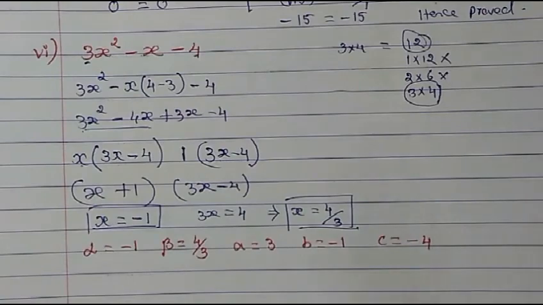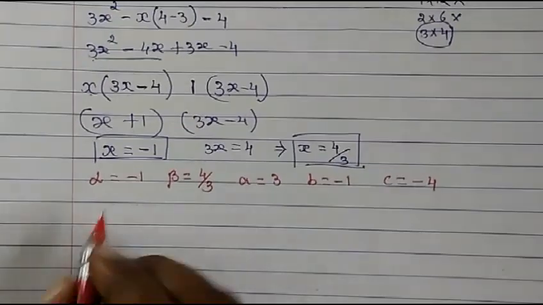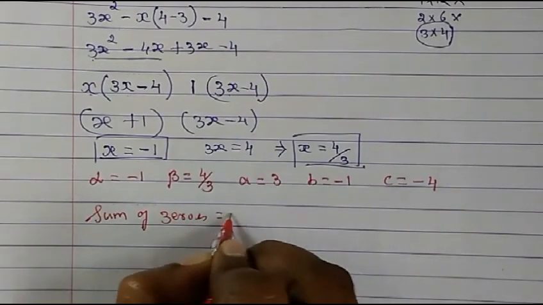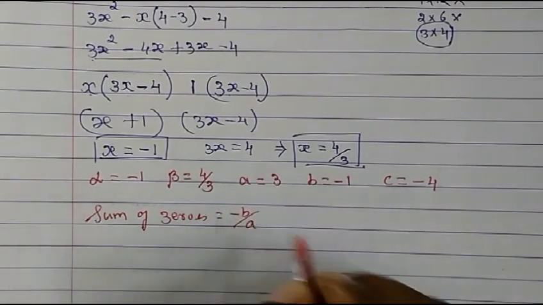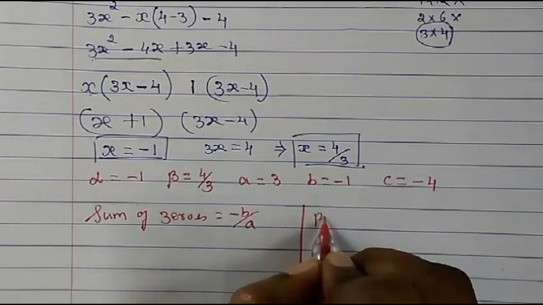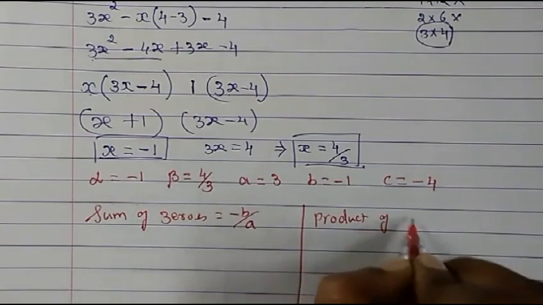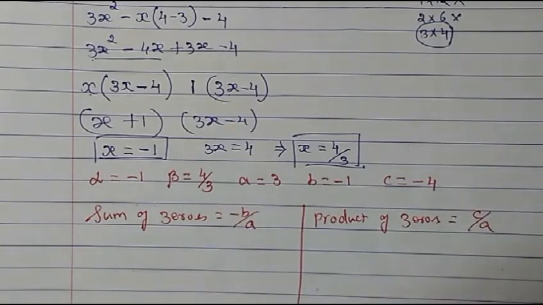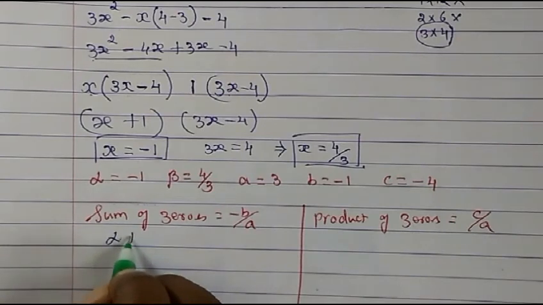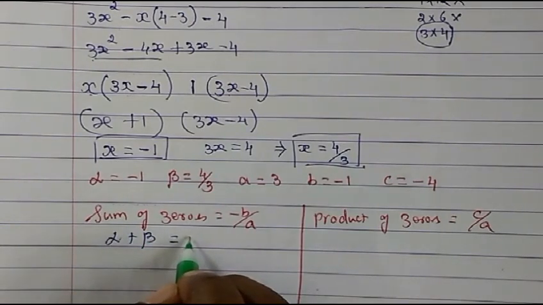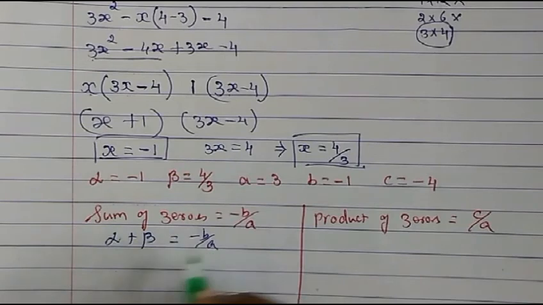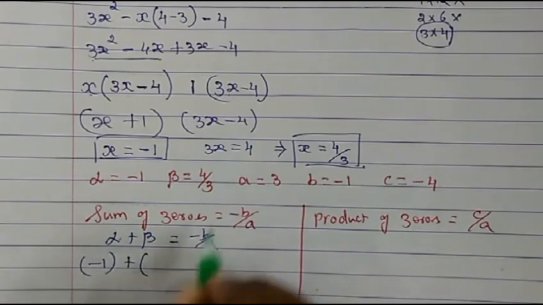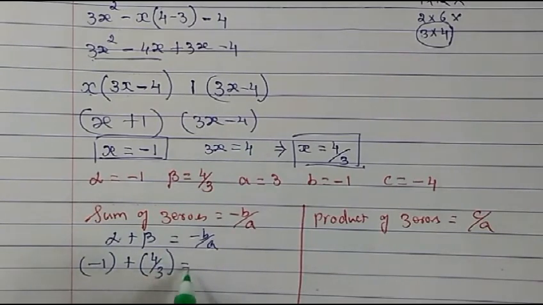So now let's write down the verification. The sum of zeros equals minus B upon A. Then we have to verify the product of zeros equals C upon A. So now the sum of zeros is alpha plus beta, equals minus B upon A. Alpha is minus 1, and plus beta is 4 upon 3.